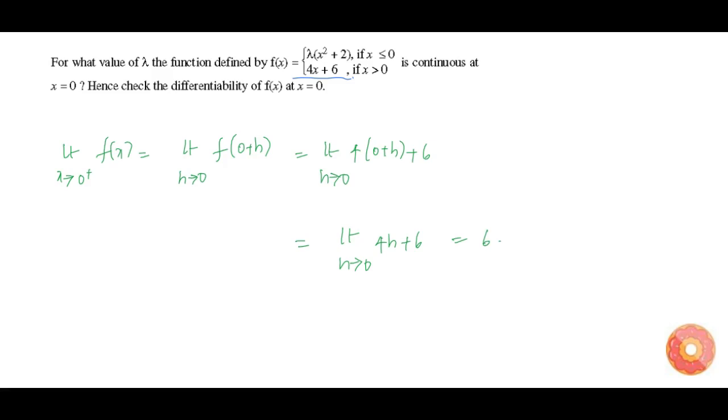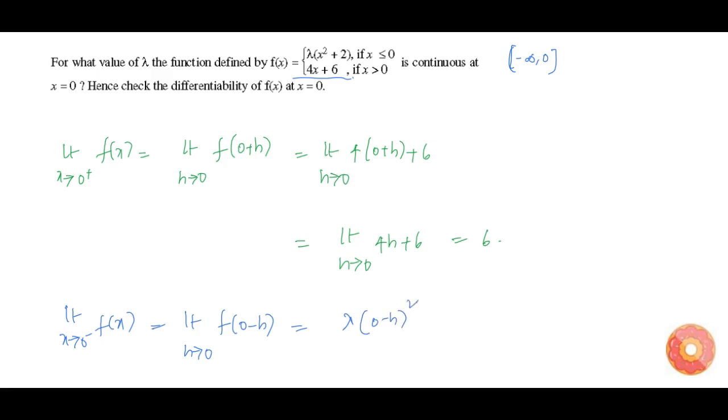Now let us find the left hand limit value. The left hand limit value of the function is nothing but limit x tends to 0 minus f of x, which is equal to limit h tends to 0 f of 0 minus h. Here h is an infinitesimally small positive number, therefore 0 minus h is going to be something negative, which means it lies in the interval minus infinity to 0. For minus infinity to 0, function f of x is lambda into x square plus 2. Let us substitute that. X is nothing but 0 minus h.